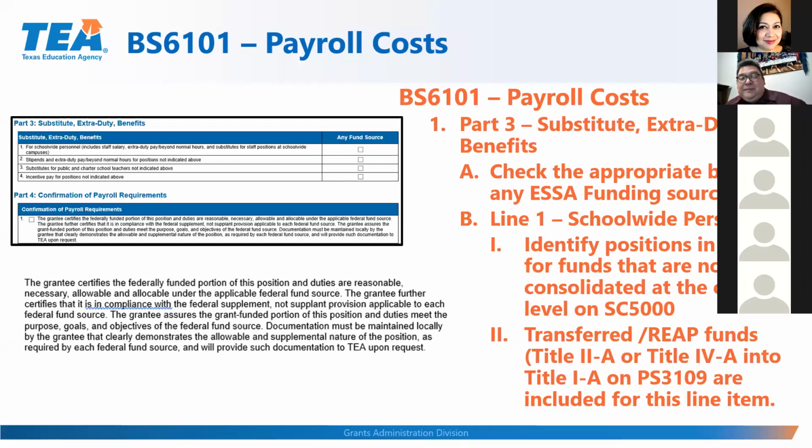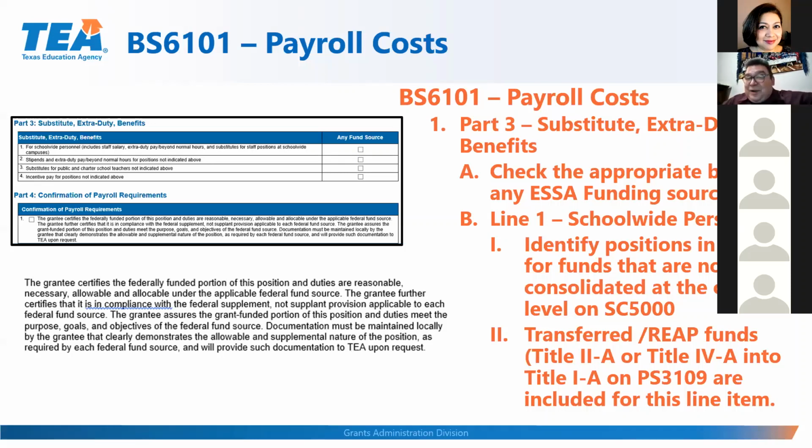It covers them. However, because there's only one checkbox, it covers any funding source. So you have to make sure that if you're using this, if you're not using REAP or transferability, this would only apply for Title I Part A funds. If you're using REAP or transferability for Title II or Title IV, and your 100% is going into Title I Part A, then that checkbox would apply for those funds that are budgeted for payroll.